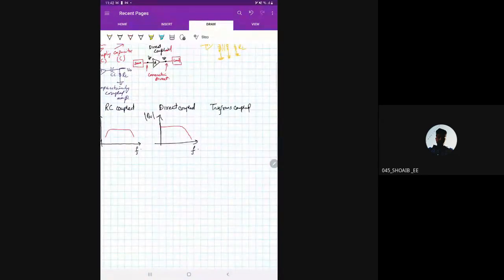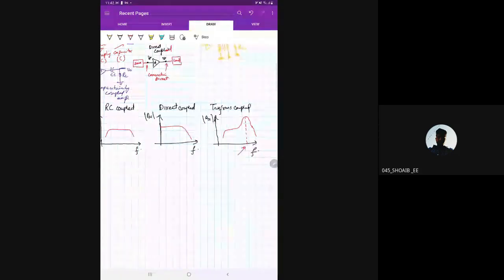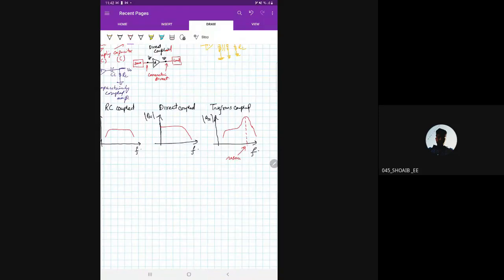For transformer coupled amplifier, you have frequency here and gain here, say voltage gain. It looks something like this, sometimes like this. So you have somewhere here a resonant effect, because a transformer is also an inductor.